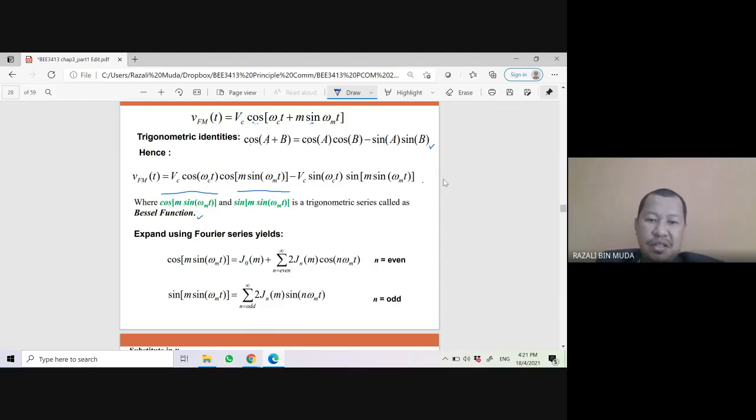Expanding using a Fourier series gives cos(M sin omega m t) equal to J0(M) plus the sum of 2 Jn(M) cos(n omega m t) for n even, and sin(M sin omega m t) equal to the sum of 2 Jn(M) sin(n omega m t) for n odd. What is the difference? This one has sin, this one has cos, and they both have Jn.